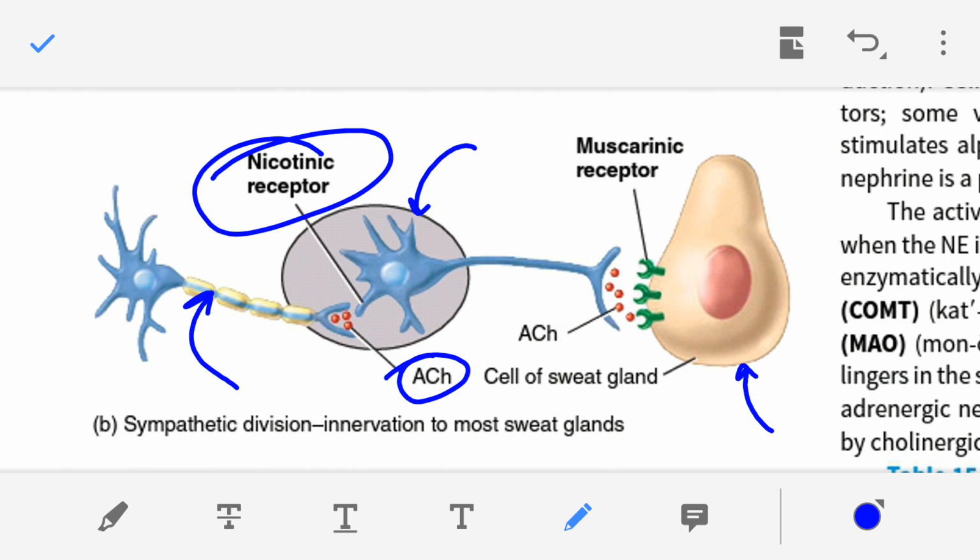Now ACh joins with this receptor, the impulse propagates, and the postganglionic neuron now releases acetylcholine as neurotransmitter, and this combines with the muscarinic receptor present on the cell of the sweat gland.